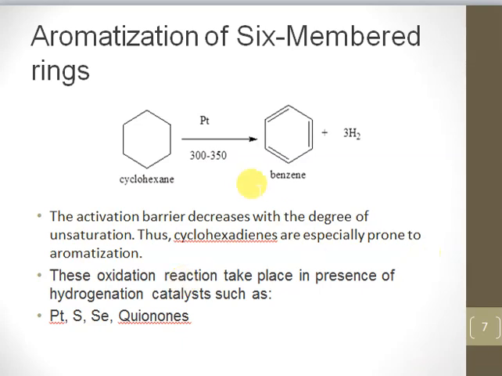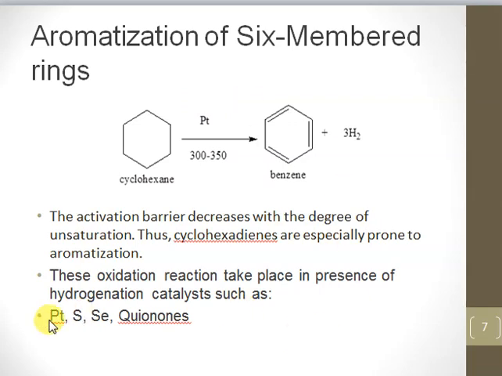Suppose we have a six-membered ring, that is cyclohexane, and we are going to convert it to an aromatic ring, that is benzene. Normally the reaction takes place in the presence of catalysts which are used for hydrogenation, and the catalysts which are normally used for hydrogenation are also useful for aromatization.